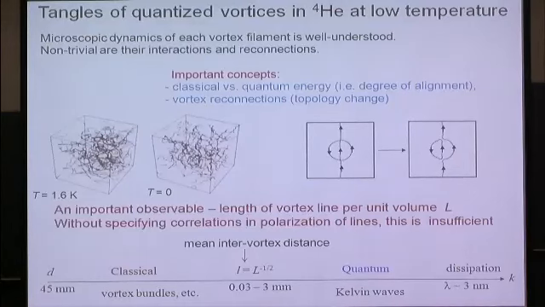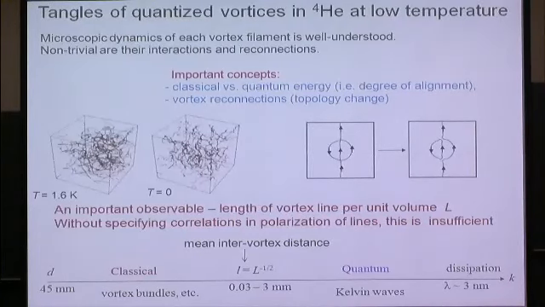Basically, very often when people say, we simulated a vortex tangle and its vortex length was changing like something. Yes, the total vortex length is a very important observable, thanks to these well-defined defects which we can have in the system. But it's by far not the only parameter which matters.